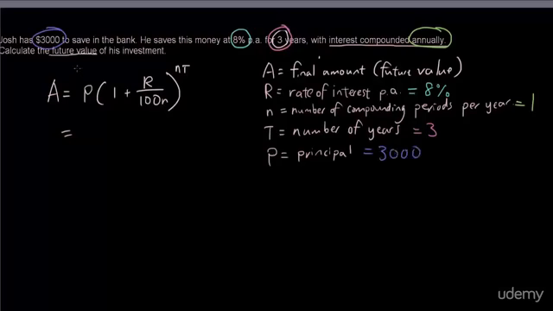So putting that into the equation, we have 3,000 bracket 1 plus the rate is 8 over 100 times N. N is 1.